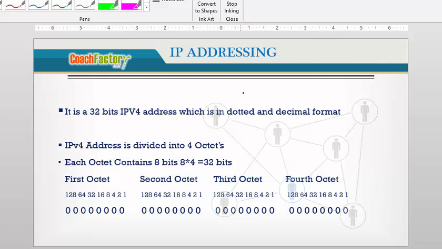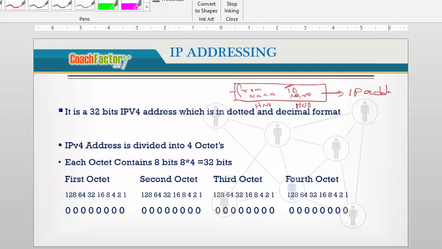Just like when you want to send a letter to somebody, what will you be doing? You will be writing from. You will write your name and your house number. Then you will be writing to, the name of the person and the house number, right? So this house number is just like the MAC address, and the name is just like what?